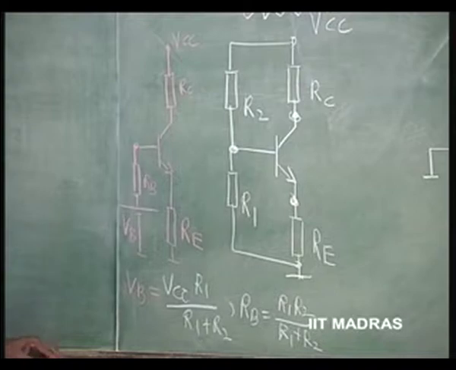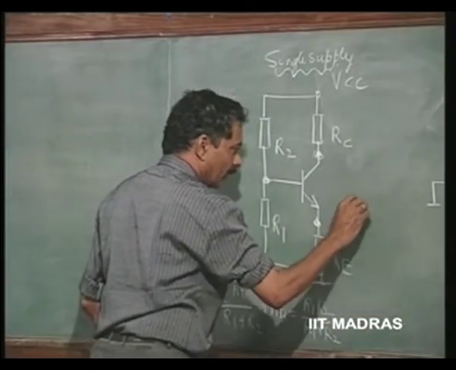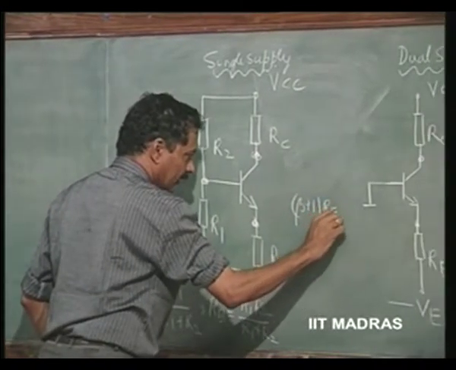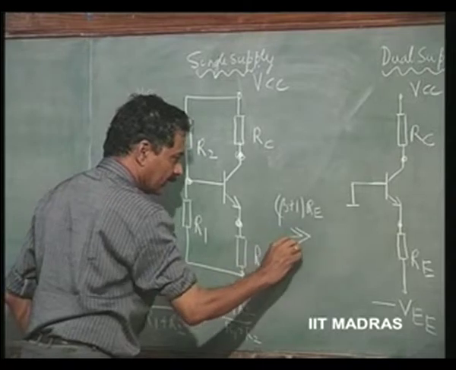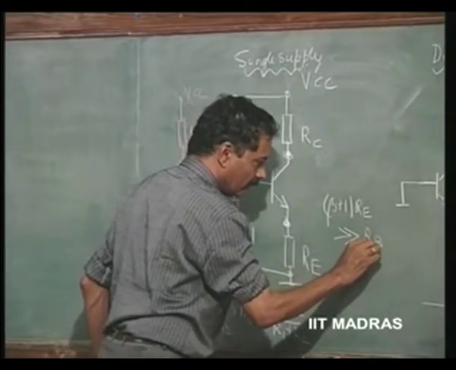We had designed it in such a manner that beta plus 1 times RE is much greater than RB.